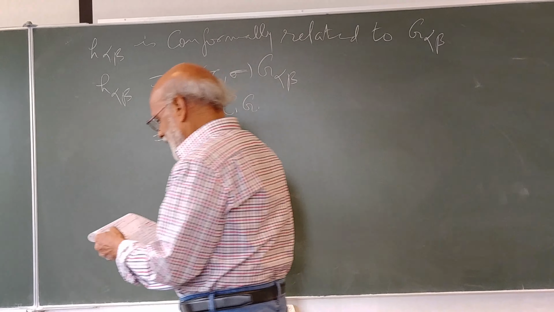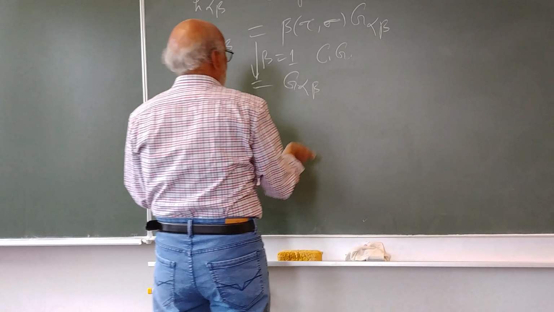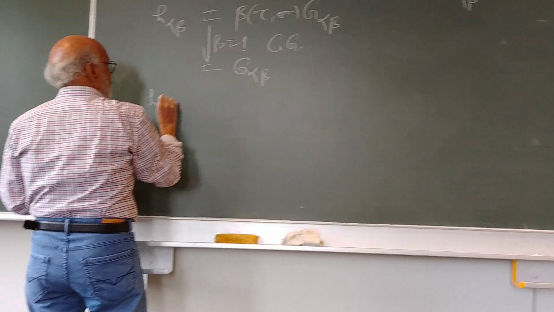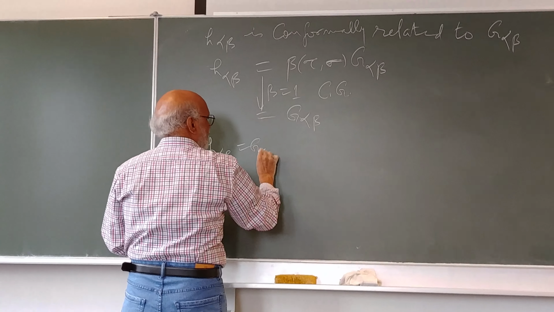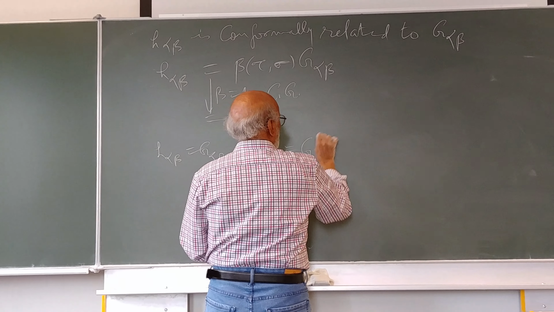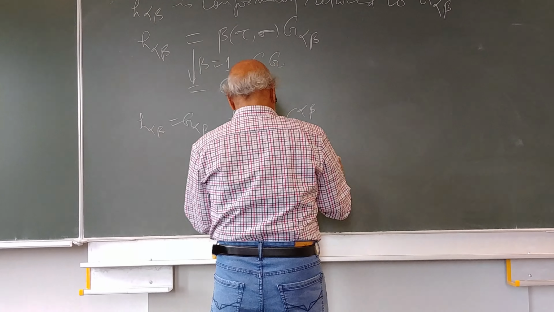And so in that case, H would be G alpha, and this would tell me that H alpha beta is G alpha beta, then H alpha beta would be G alpha beta.